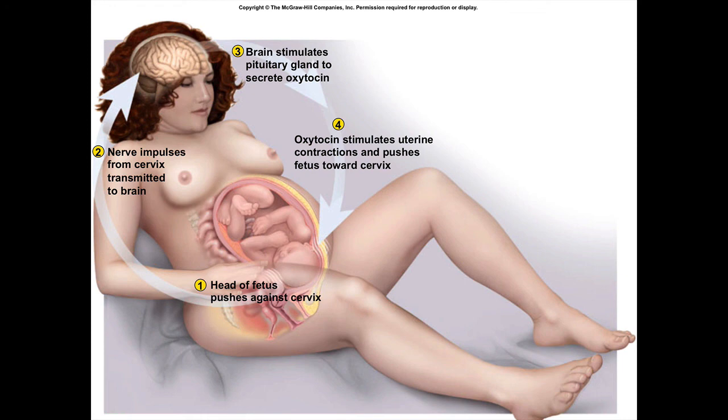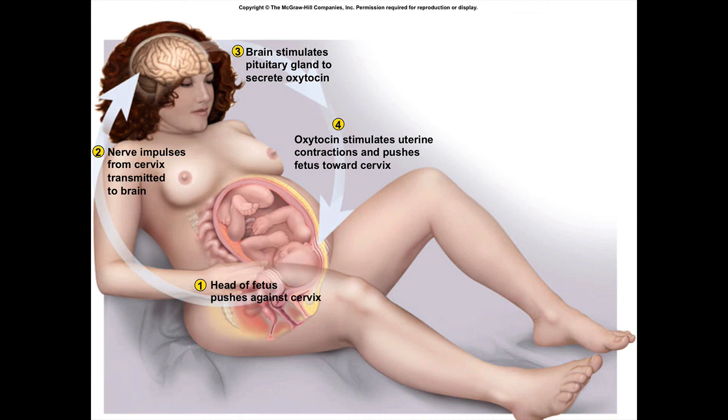The brain is going to create an efferent signal, and it is going to cause the pituitary gland to secrete oxytocin. Oxytocin is a hormone that ends up causing uterine contractions. If anyone's ever been induced using Pitocin, that's nothing but synthetic or artificial oxytocin, which your body naturally produces.